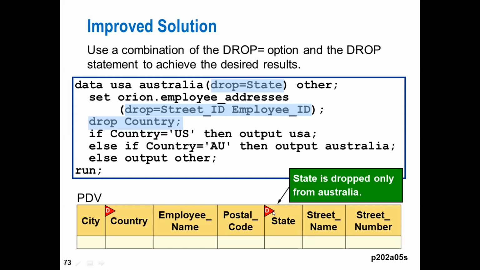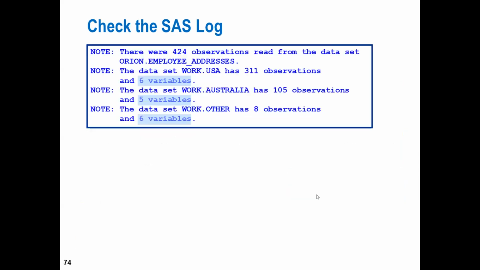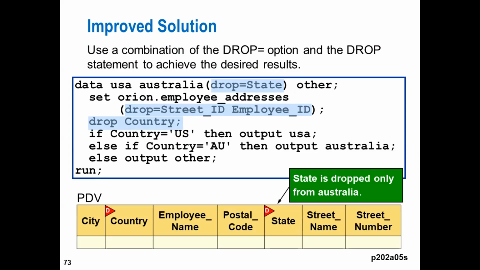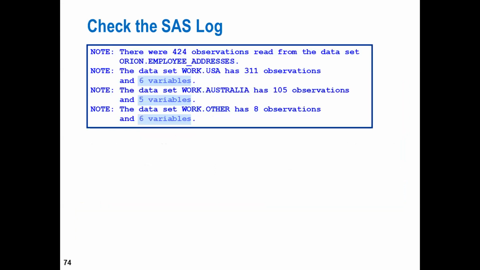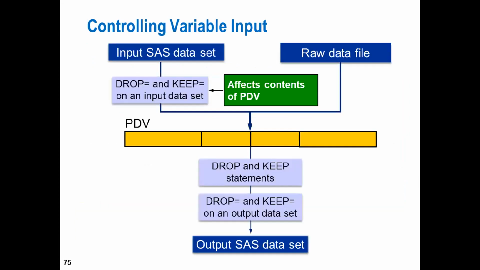It is available in PDV, but it will be dropped only for Australia, not for USA and other. Fine. This is one way we can do it. We can do it in the input data table, drop country, or we can put it in our new data set. Correct. Okay. So this is how it is.